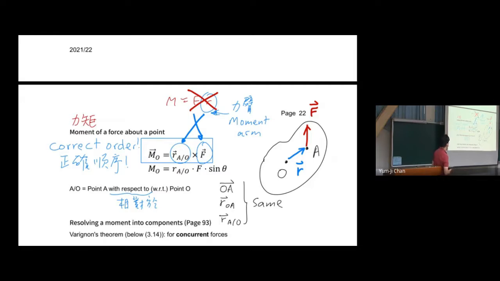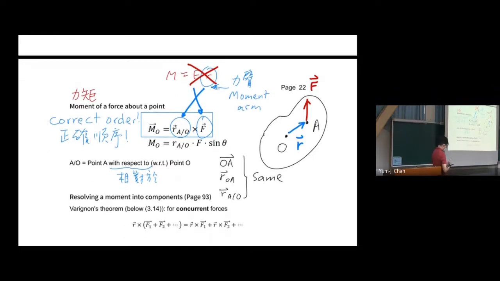And I use this one, but of course you can use this one, it is also okay. The first one is used for your calculations.